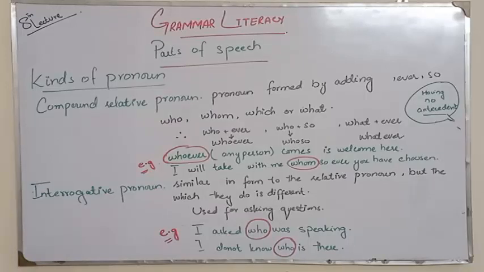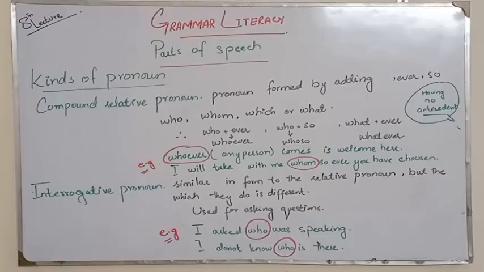And the third one, a very common one, is what plus ever, called whatever. Here we have an interesting piece of information: having no antecedent, the compound relative pronoun. I told you earlier that a relative pronoun refers or relates to something, but in the compound relative pronoun it does not refer back or relate to any other part of the sentence.